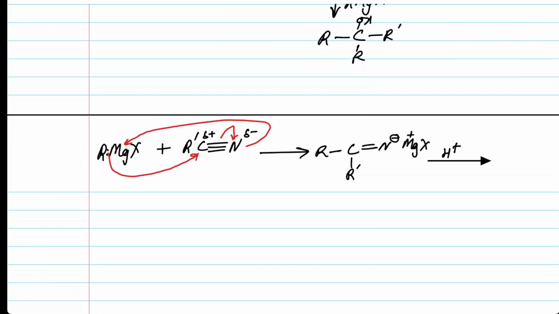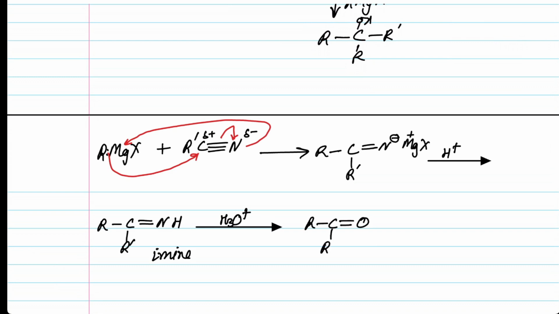If we add H plus here, we are going to get R C R dash double bond N H. This particular compound is called imine. If imine is further hydrolyzed, that is H3O plus is added to it, we get R C double bond O R dash. That's a ketone.